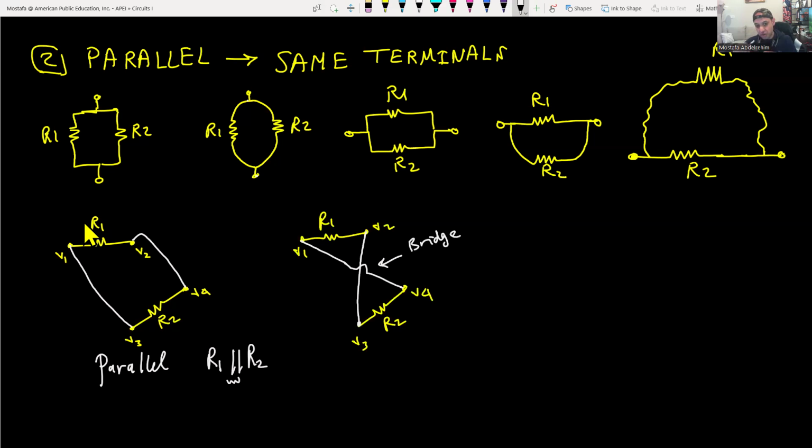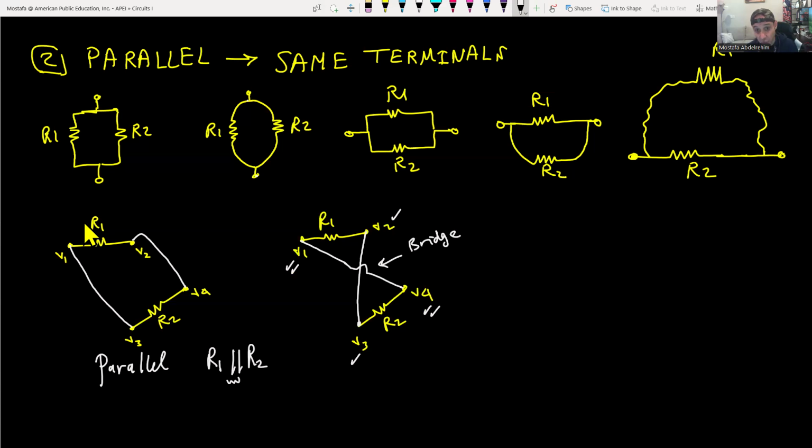That means this short doesn't touch this short. They are over each other. They are not connected. Is this parallel? Yes, it's parallel, because they have the same terminals. One of the terminals of R2, which is V3, is connected to V2. The other terminal of R2, which is V4, is connected to the other terminal of R1, which is V1.